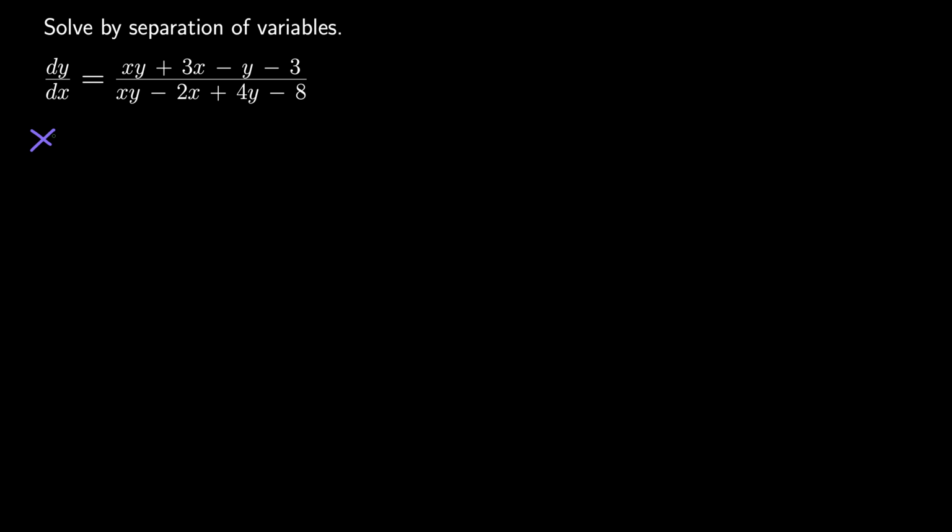Okay, so the first thing I notice is that we can factor both the numerator and the denominator using factoring by grouping. So that is what I'm doing here. I can factor out an x from the first two terms in the numerator, and factor out -1 from the next two terms. Then in the denominator, we can factor out an x from the first two terms, and then a 4 from the next two terms.